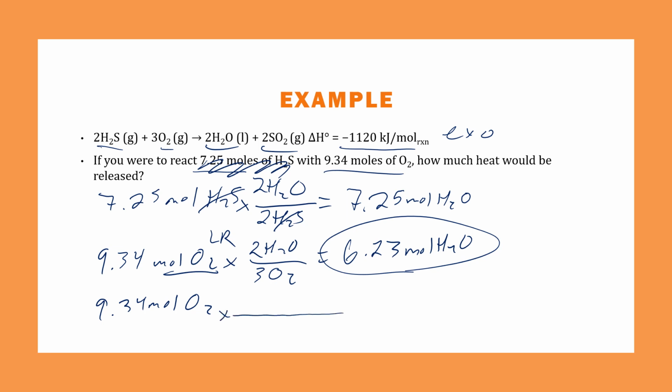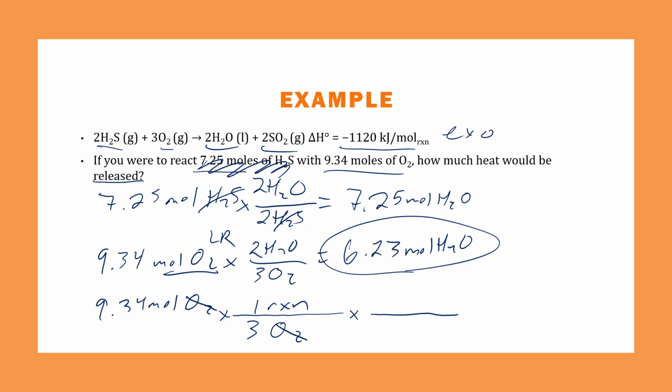So we know that there are 3 oxygen molecules for every 1 time the reaction happens. I want to make sure I get that into moles of reaction, so I can use my heat. Now, it's saying how much heat would be released. We know it's exothermic.